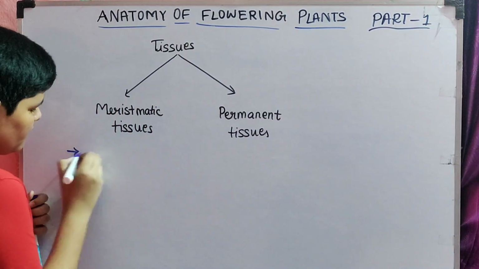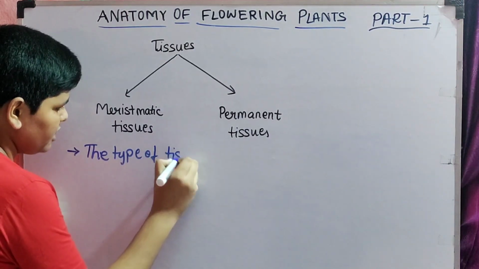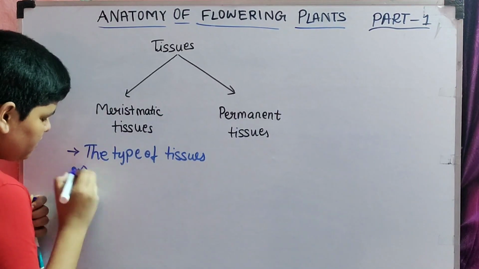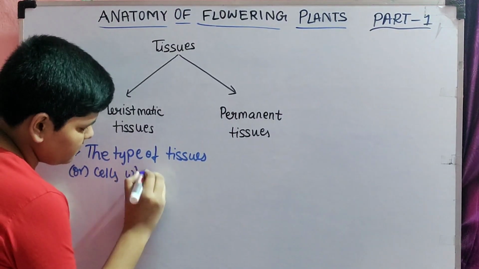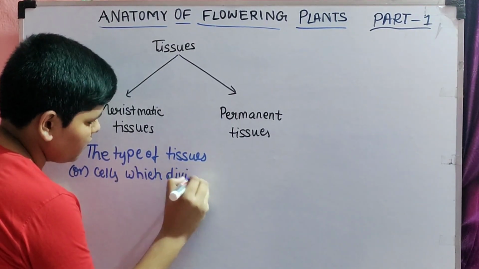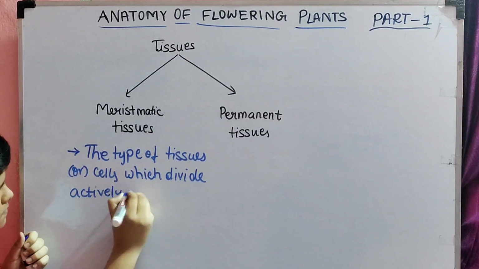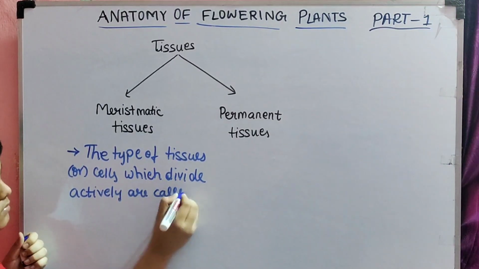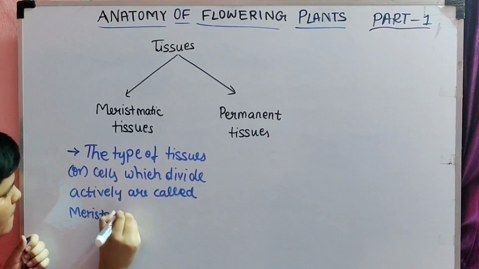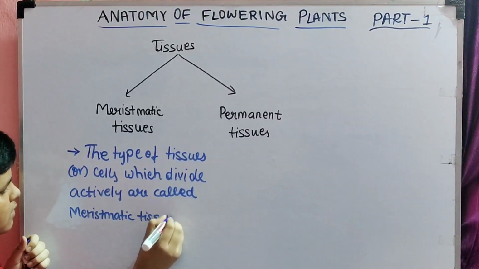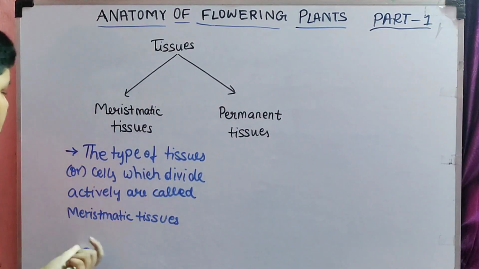So, the type of tissues or cells, because a group of cells is called tissues, which divide actively and continuously are called meristematic tissues.